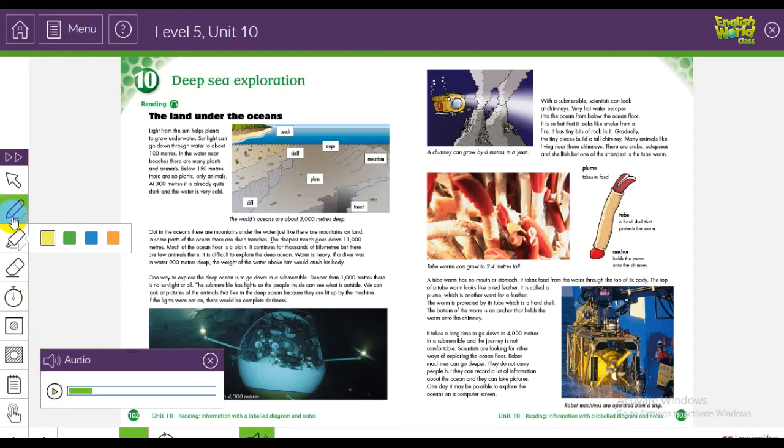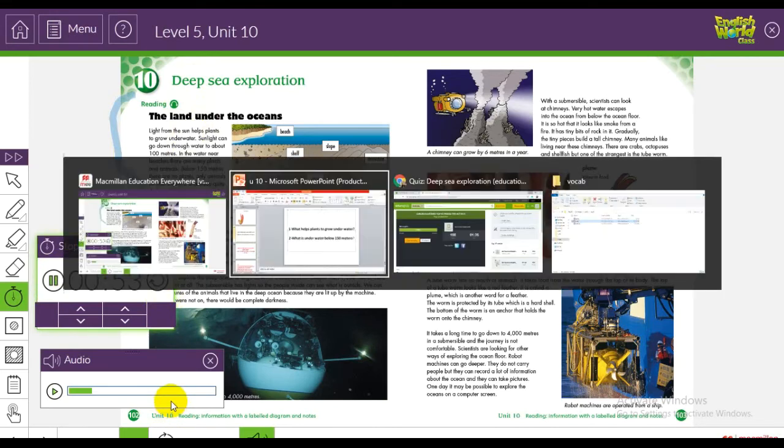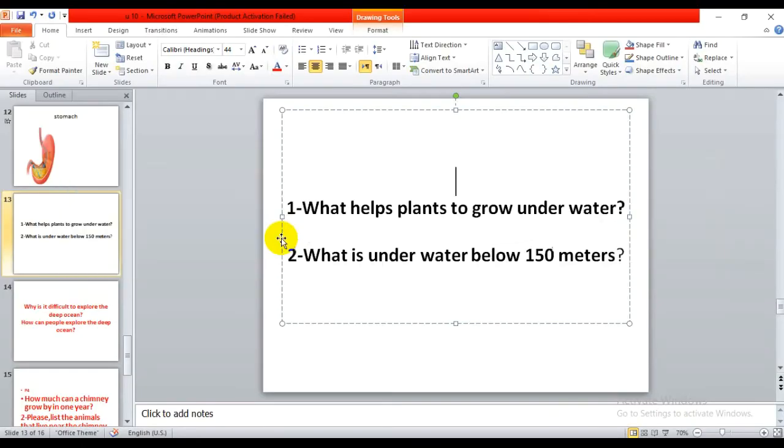We have listened to paragraph number 1. Now, I'll give you 1 minute till you can read again the first paragraph and answer those 2 questions.